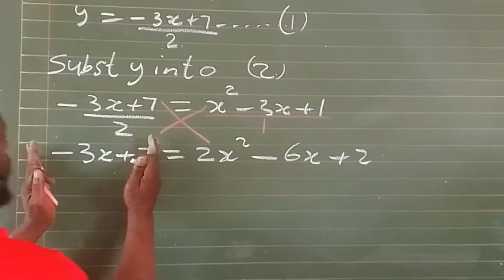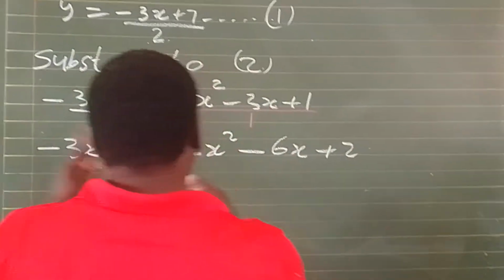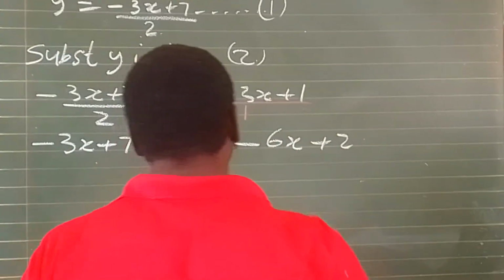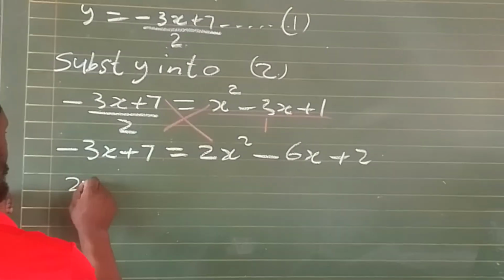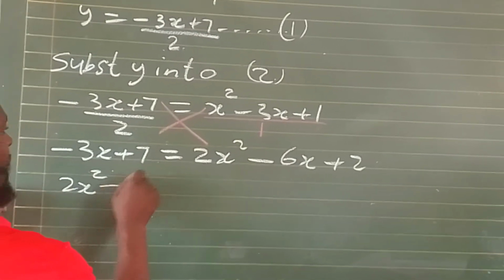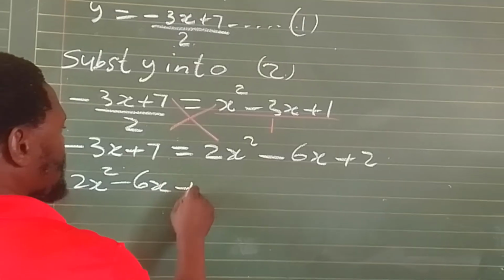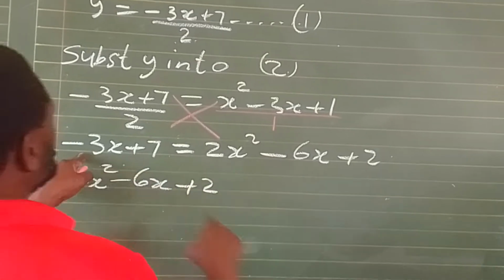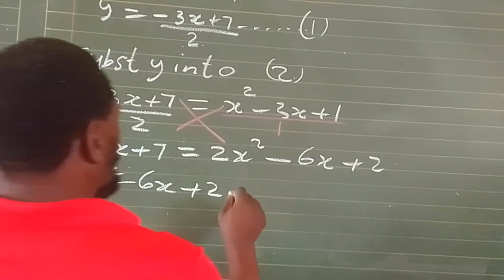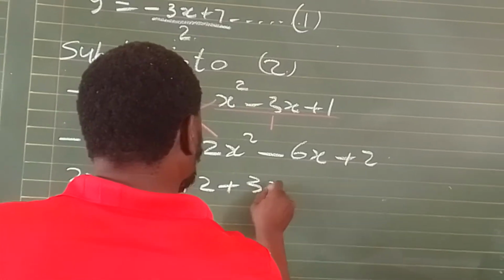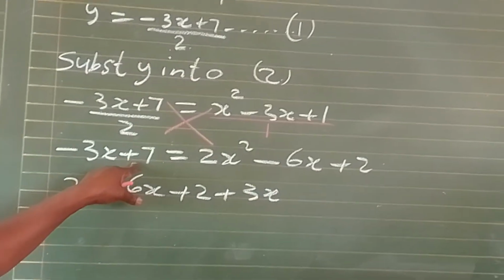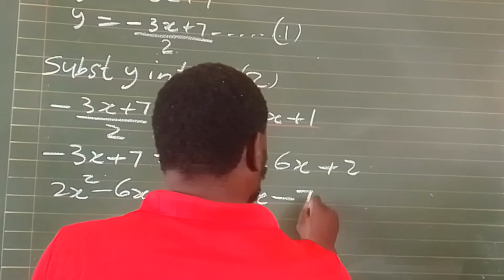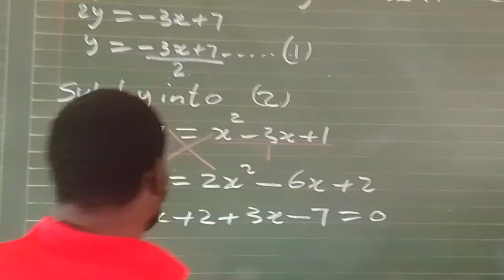Then you take this whole thing from the left hand side to the right hand side, you find that 2x squared minus 6x plus 2. You take this one, it was negative, it goes to be positive 3x. This one was positive, it will be negative 7, which is equal to 0.